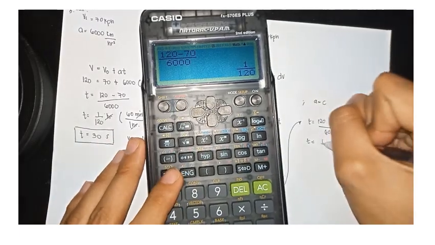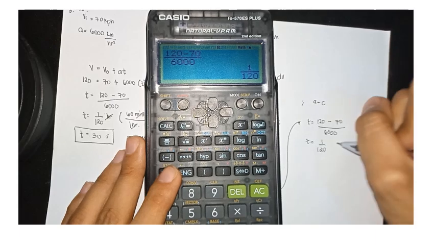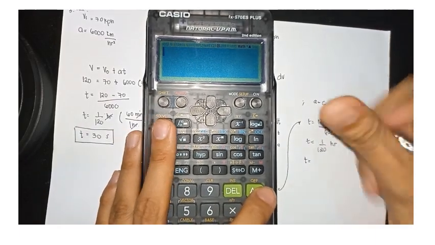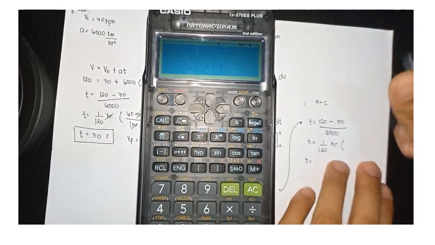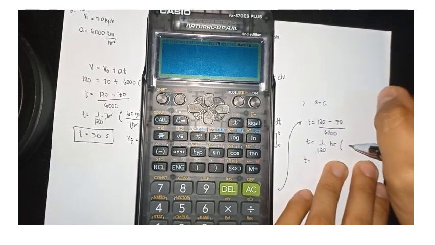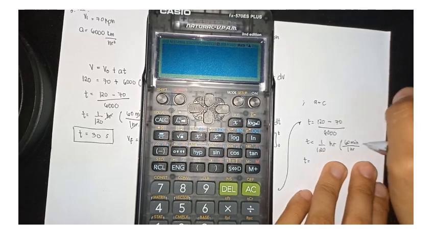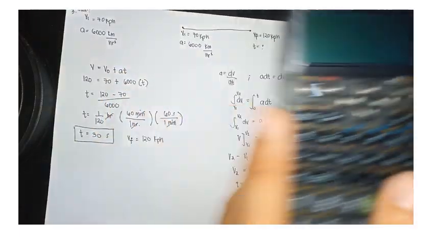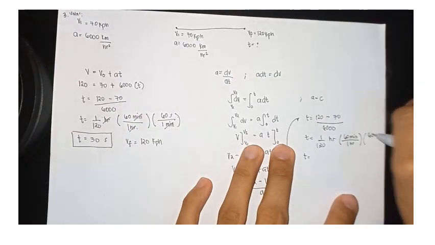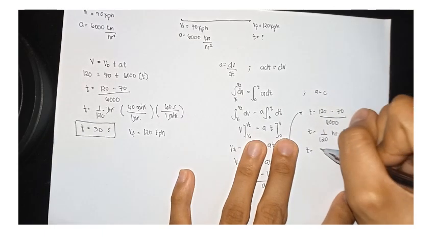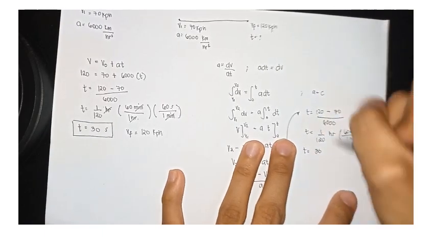So 1 over 120. Since the time is in hours, we need to convert it to seconds. So 30 seconds.